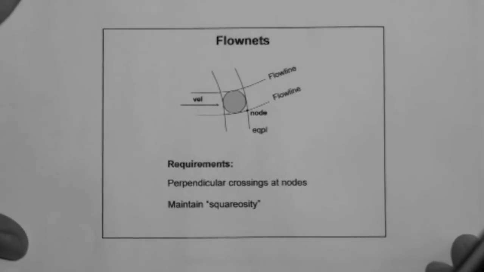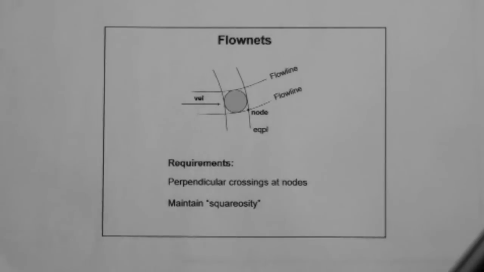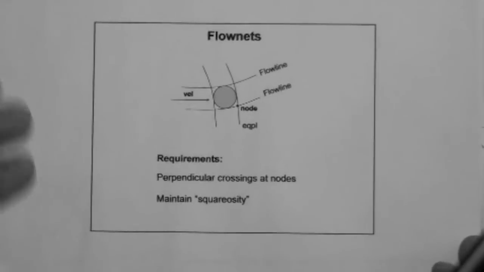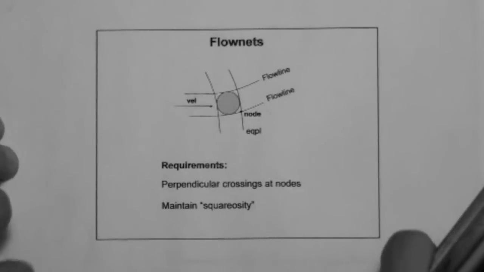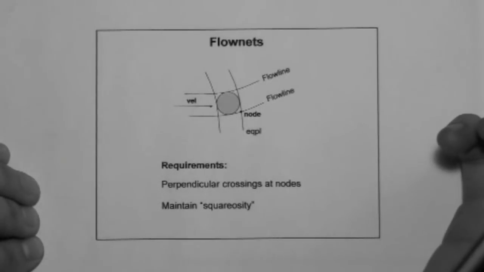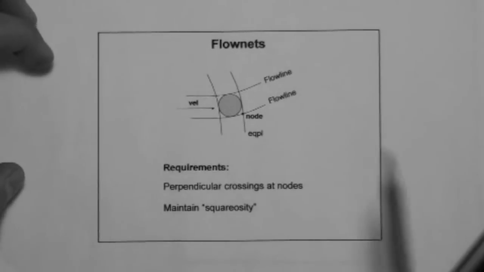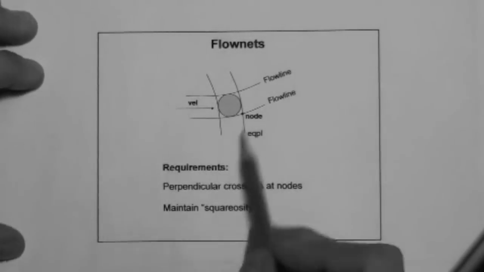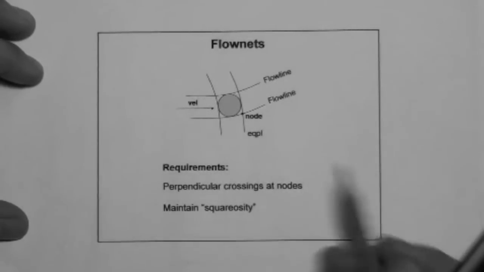Okay, so here is a little explanation of how to draw an appropriate flow net. How to meet the conditions, the requirements. We're going to take a small piece of a flow net and define different conditions here, different parameters.